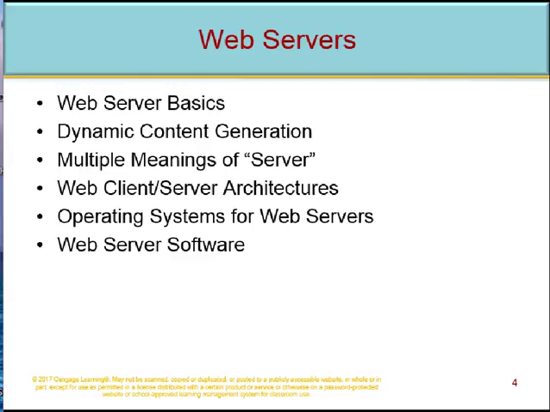Web server software. Commonly used programs are Apache HTTP server and Microsoft Internet Information Server, also known as IIS. Some businesses, such as Google, wrote their own web servers. Apache has been the dominant web server software since 1996.